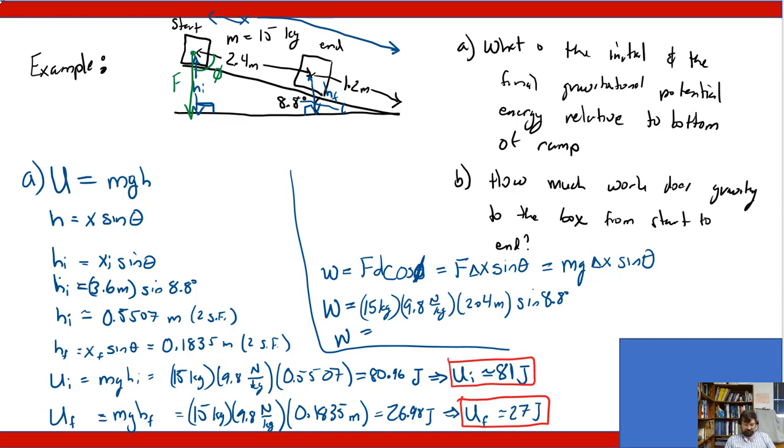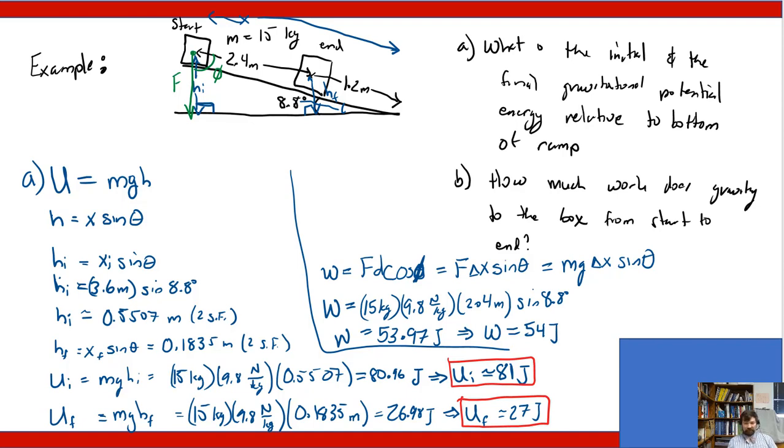So let's put all that in. We got 15 times 9.8 times 2.4 times sine of 8.8, or cosine of 81.2. We get 53.97 joules, but this should be at two significant figures, so the work done is 54 joules.